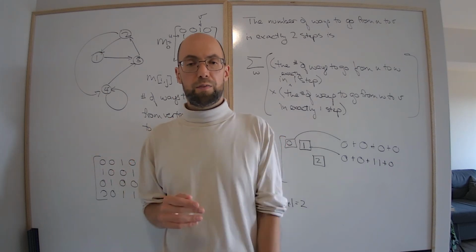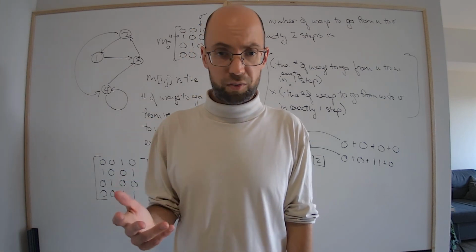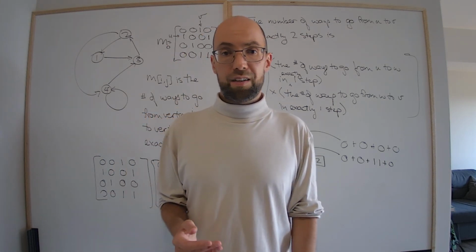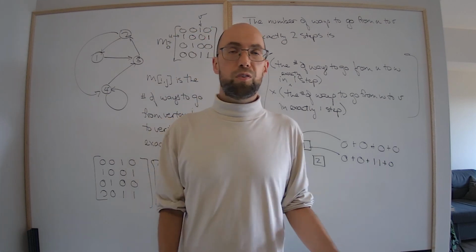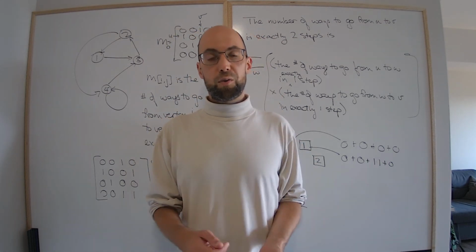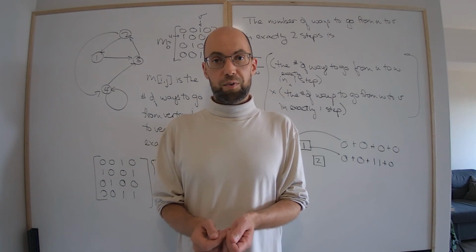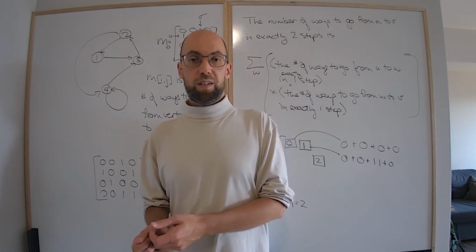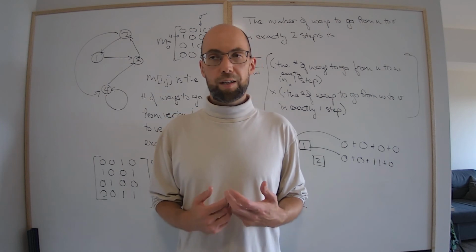For example, if you wanted to do 6, then the number of ways to get from U to V in exactly 6 steps is the number of ways to get from U to W in 4 steps times the number of ways to go from W to V in 2 steps.